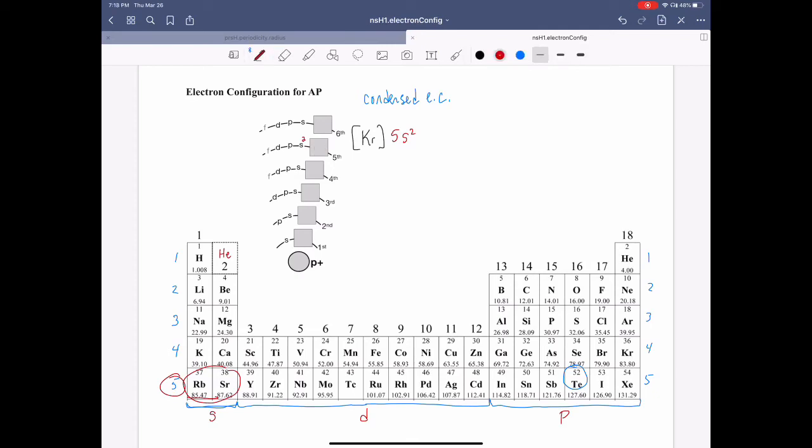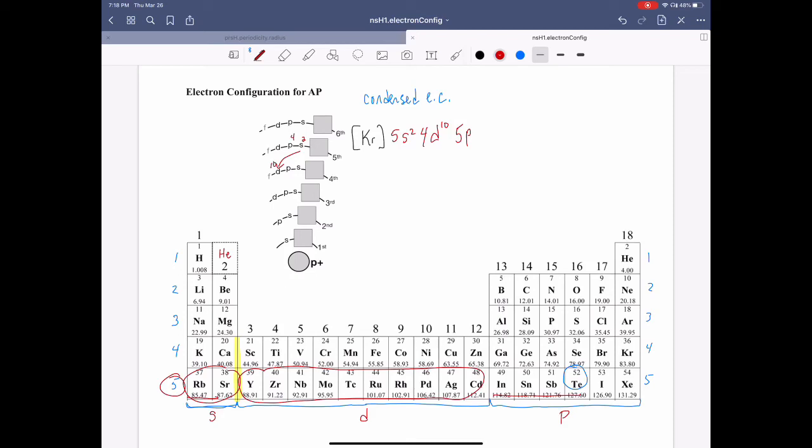And then we would notice that now we were in the D area of the periodic table, and to get all the way over to tellurium, we would need to put 10 electrons in the d orbital. Let's not forget that there was something very special about the intersection between the s and the p, and of course these electrons now are put down into the 4d10, and then to finish, to get to tellurium, we need to go back out to the 5p and place 4 electrons.